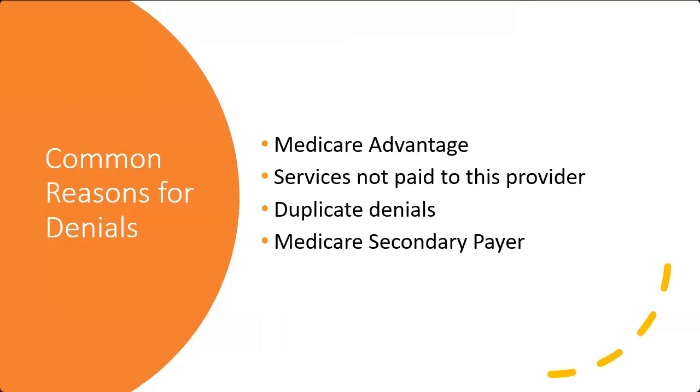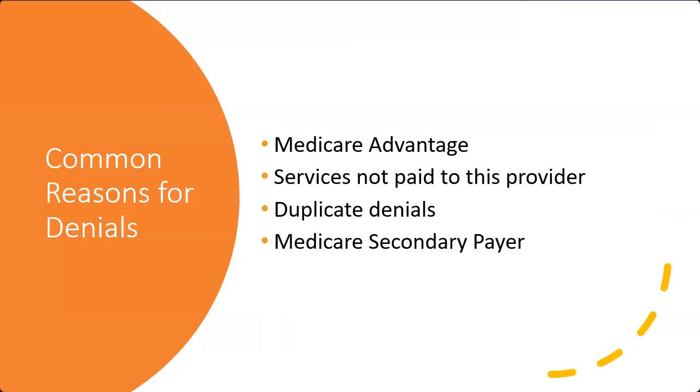You can use the transactional portal for this. It can tell you what happened to that original claim that was submitted. Keep in mind, when we deny something as a duplicate, we're indicating that we have already paid this service. So it may be that the claim payment was held for some reason, but you always want to investigate what happened to that original claim.